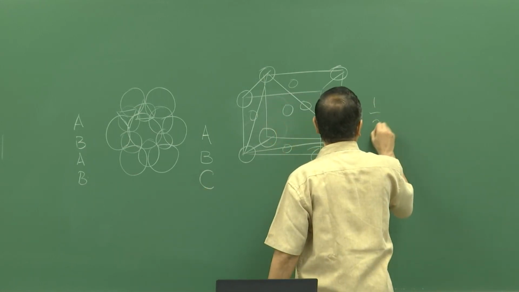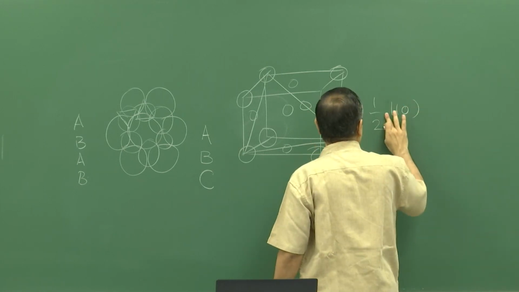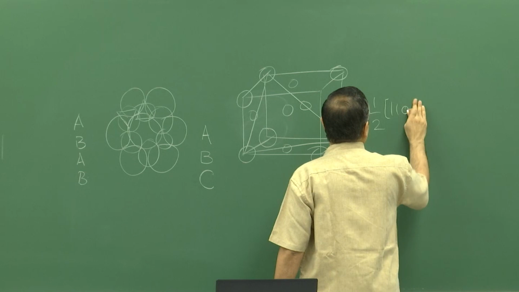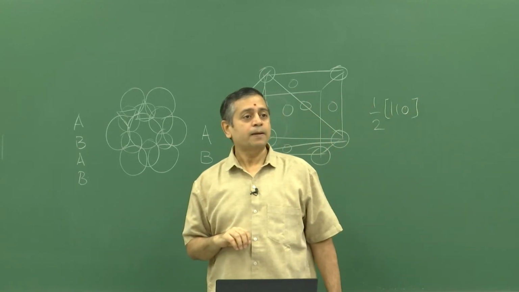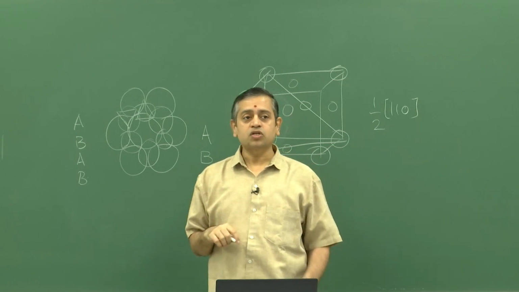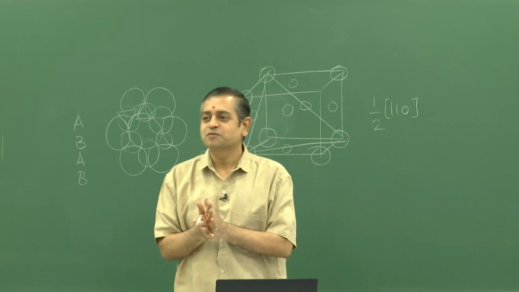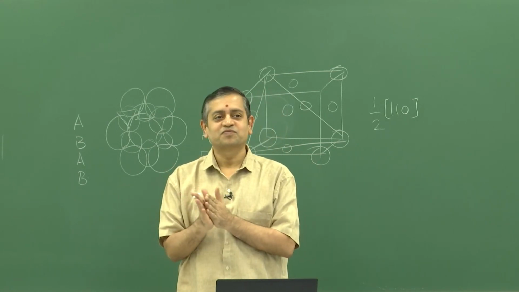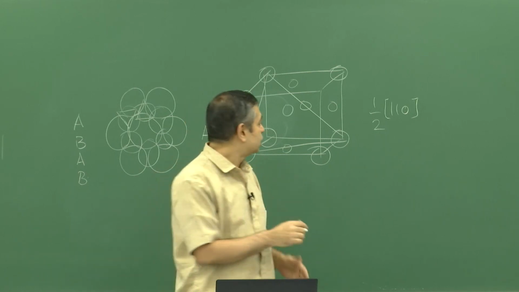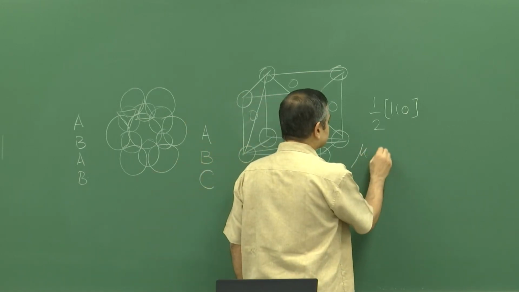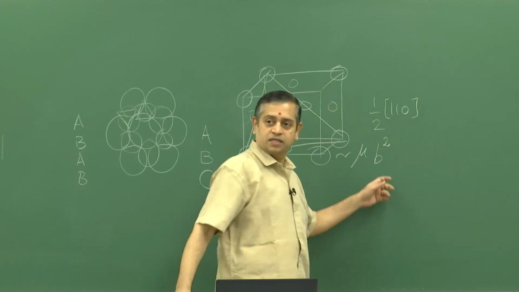So, half 110 is the Burgers vector. I should not use the plane. Now, this half 110 splits into partials. Why does it split into partials? Minimize the elastic energy. So, you can see that elastic energy which goes as mu b squared.